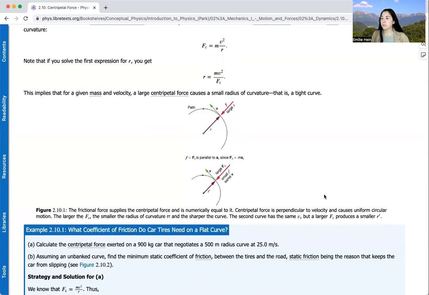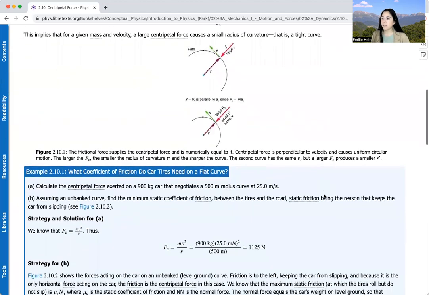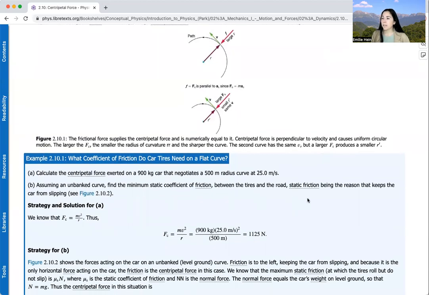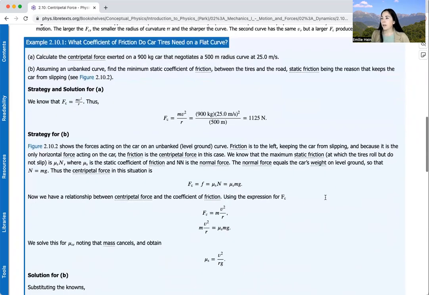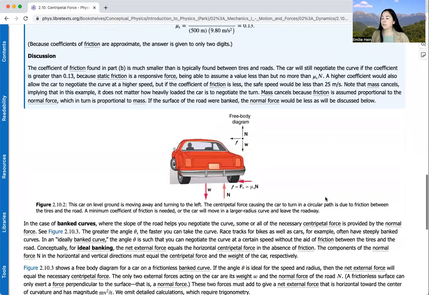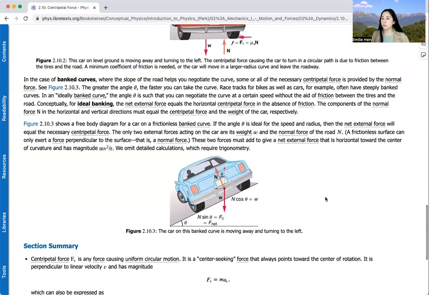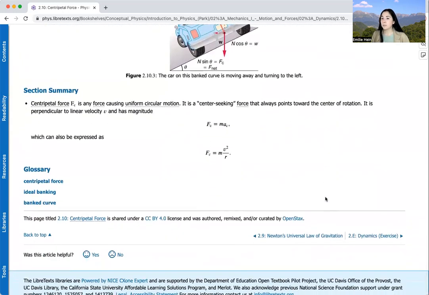It's very interesting, and it has so many applications. So for example, here, you're looking at a car on a curve, but there are very many applications when you look at any object in circular motion, trying to figure out what is the force that is keeping your object in circular motion and not flying off. And then you jump to the exercises, but you can just continue on with your homework.